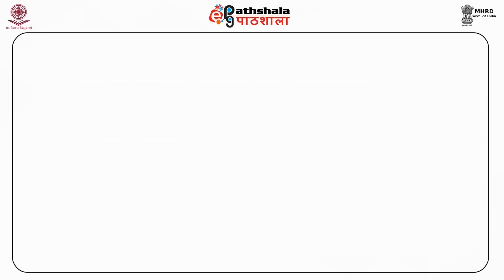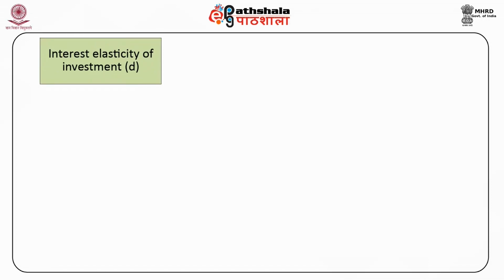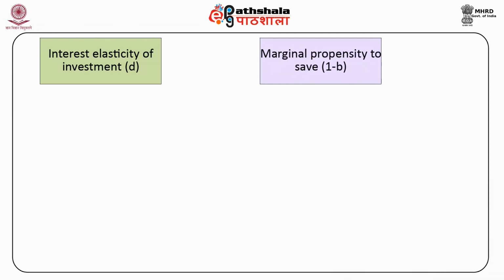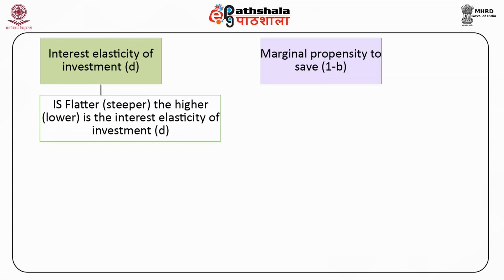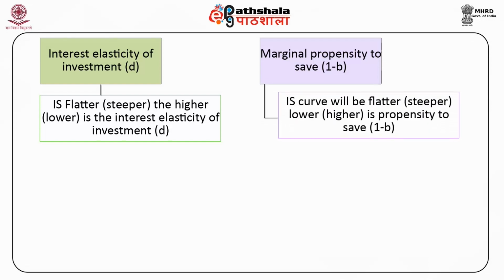The slope of the IS curve depends on two things: the interest elasticity of investment d and the marginal propensity to save 1 - b. The IS curve will be flatter or steeper the higher or lower is the interest elasticity of investment d and or the lower or higher is the propensity to save 1 - b.